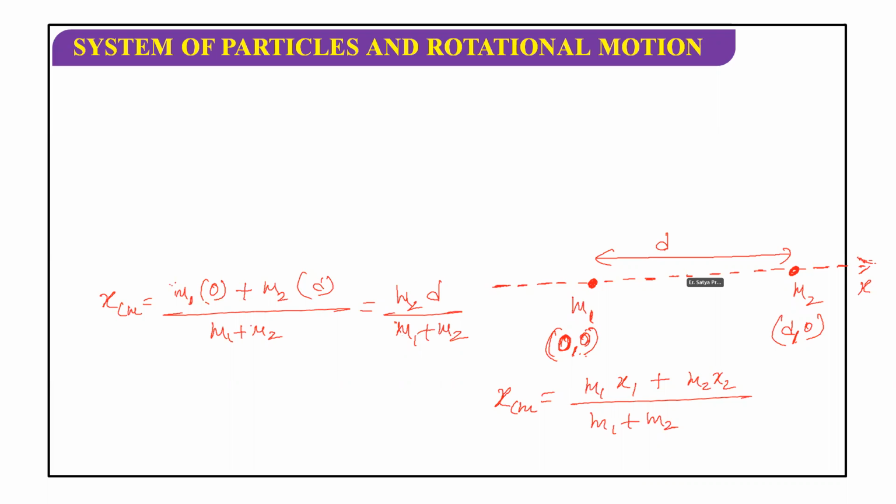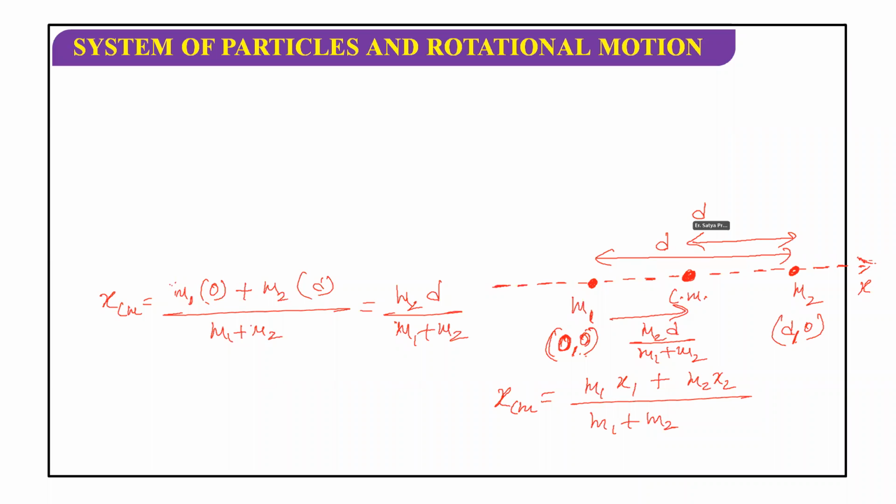Remember, I am pointing it like a point, but it is a hypothetical point. So center of mass will be here. At what distance from M1? At a distance of M2d divided by M1 plus M2. Now suppose we are interested in this other quantity. How much will it be? Total is d.